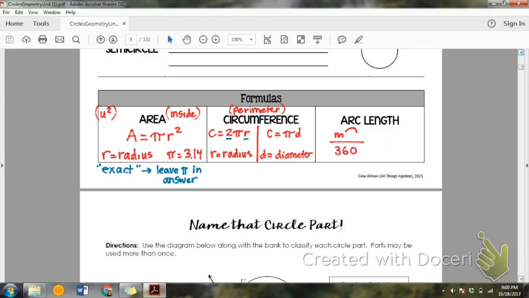Because measurement is in degrees, equals the length, that's a lowercase l, of the arc, divided by 2 pi r, which is the circumference. Okay, so if you notice, measurement is in degrees, and so is 360. Length and 2 pi radius is going to give you measurement, so like feet or centimeters or inches or whatever. So notice that degrees go with degrees and length goes with length. Okay, these are going to be really important formulas for us to know.